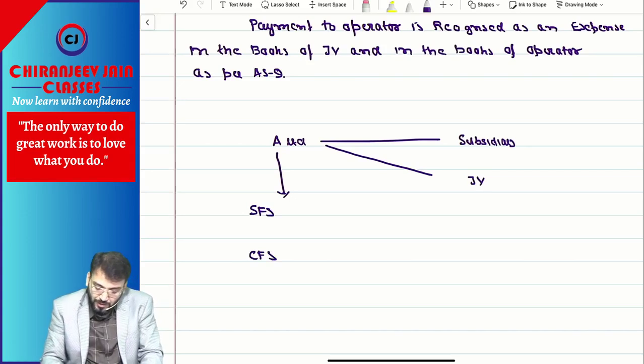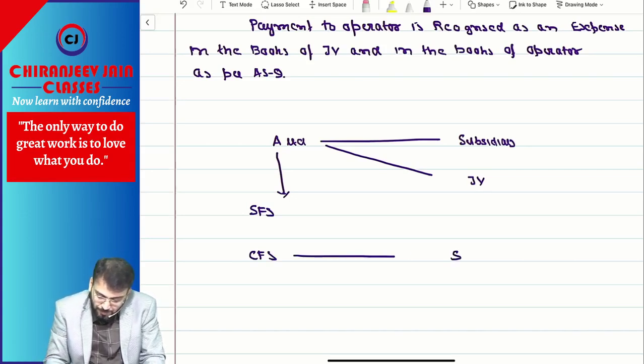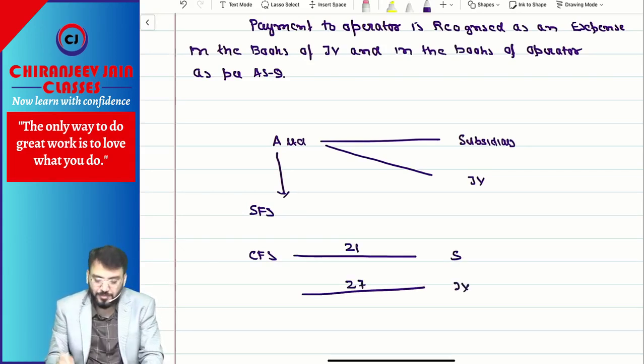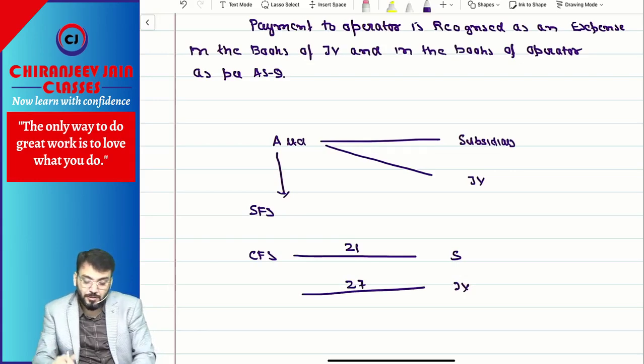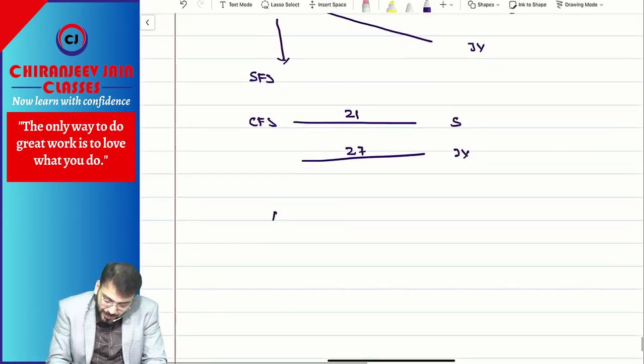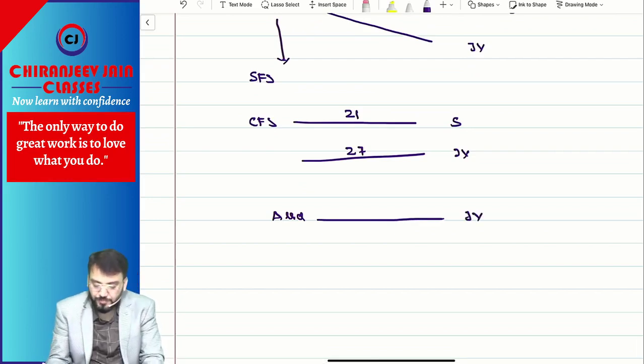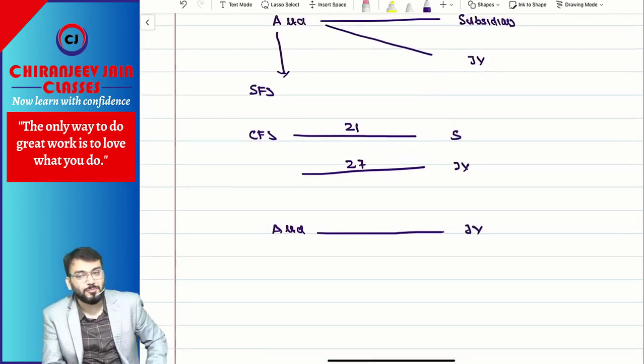For the subsidiary they are applying AS 21, and for the joint venture they are applying AS 27. These two you have understood. But suppose A Limited is having only a joint venture, they have no subsidiary.